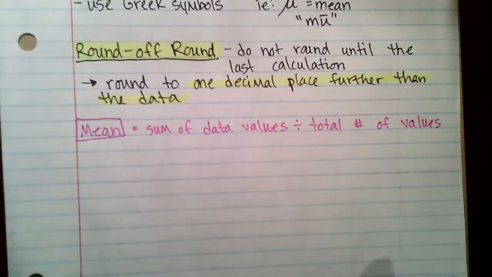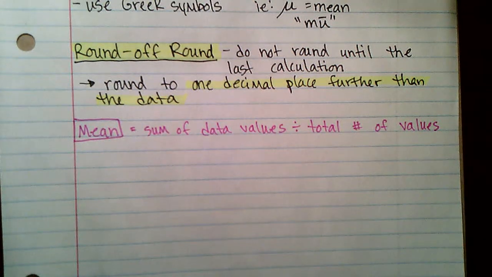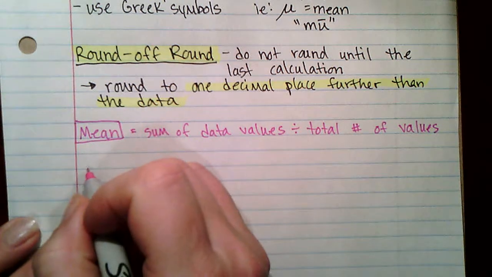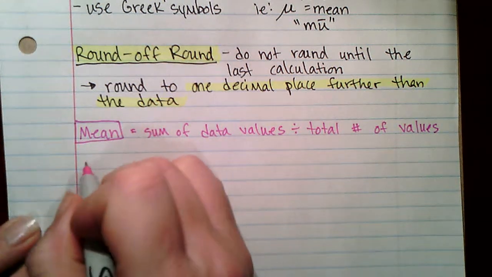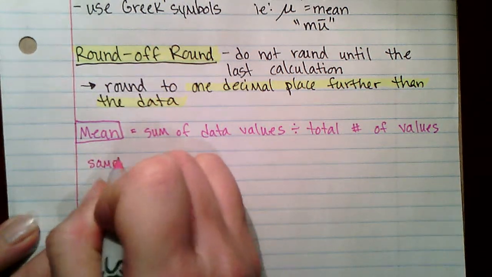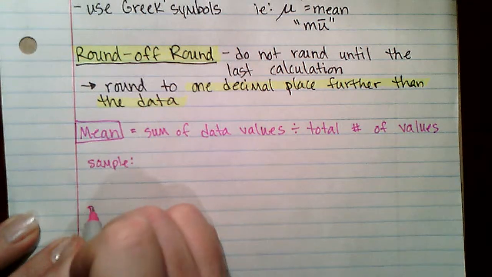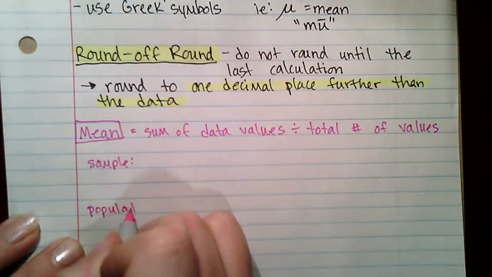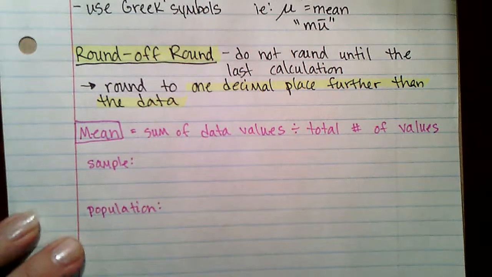So I'm going to give you a formula, and then I'm going to tell you what all the different symbols mean in it. So we have two different formulas depending on if we're working with sample data or population data. And the reason for that is because we have different symbols if we're using sample data or population data.